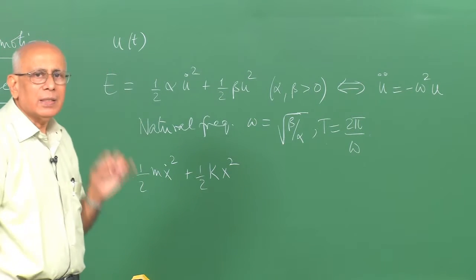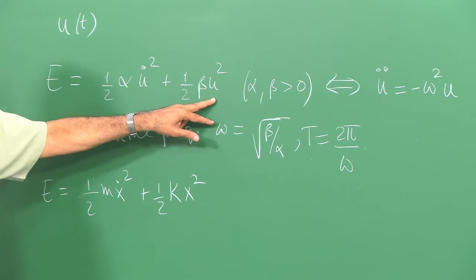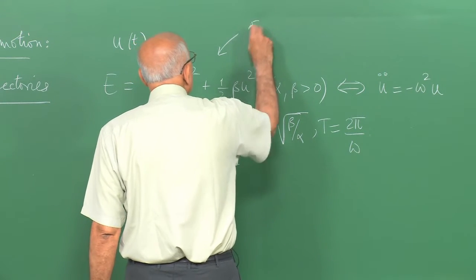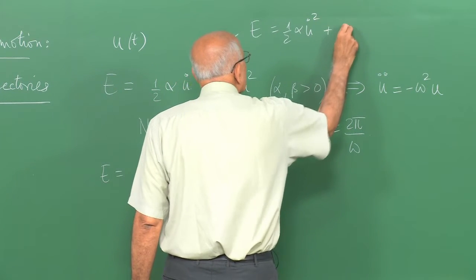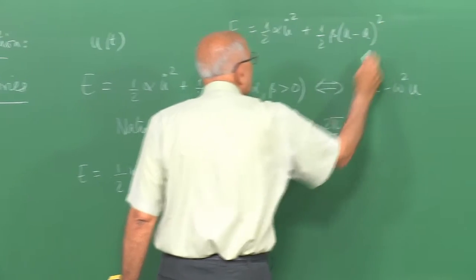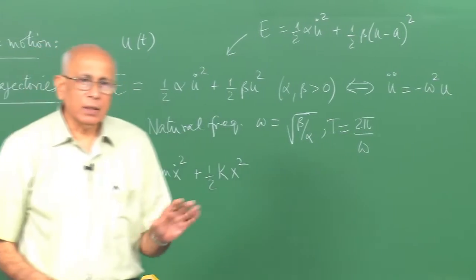A small extension of it is that the center of oscillation need not be at u equal to 0. So if for instance I modified this and wrote the energy as 1/2 alpha u dot squared plus 1/2 beta times u minus a whole squared, where a is any real constant, then all it does is to shift the center of oscillation.